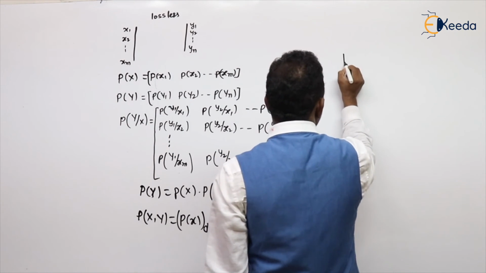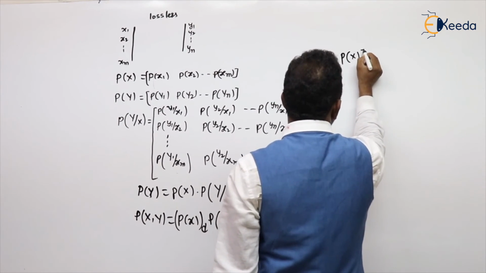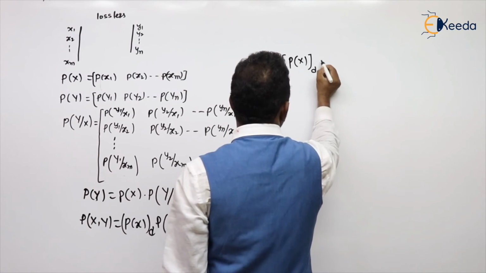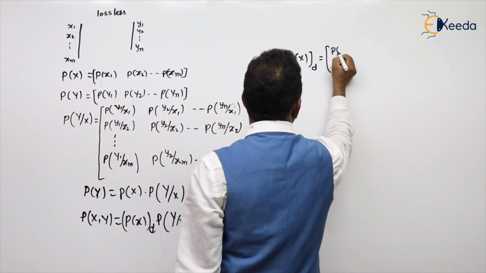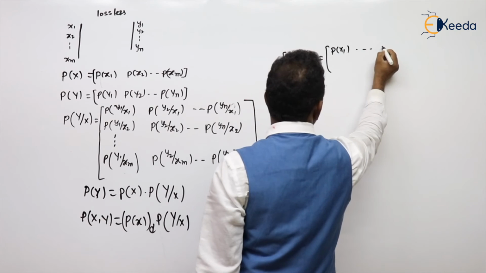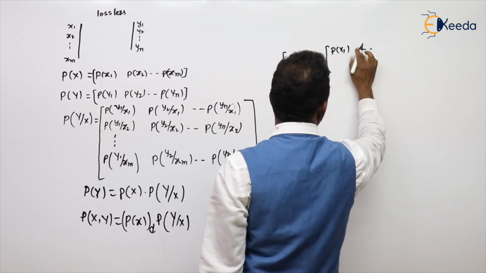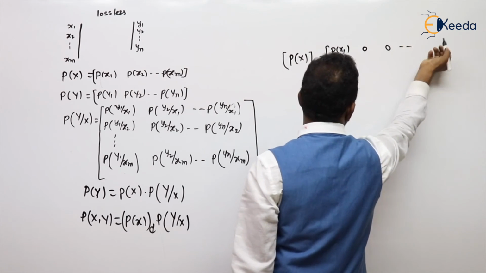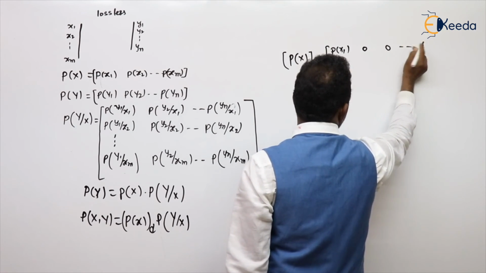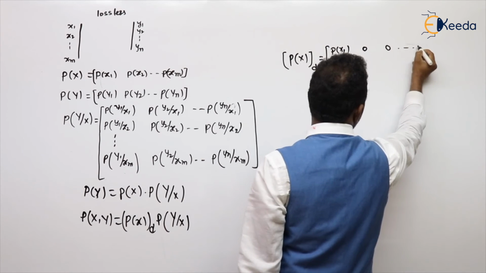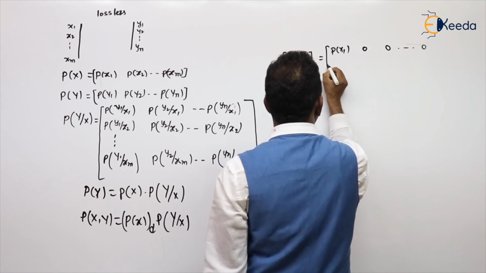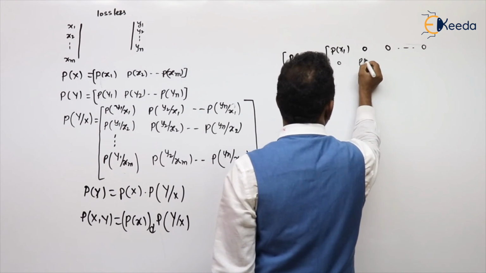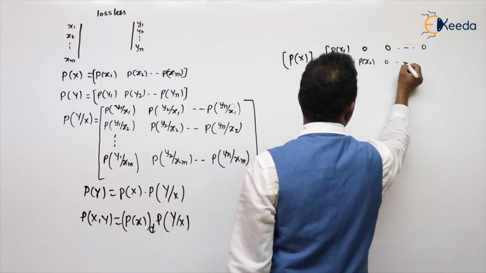What is P of x diagonal? P of x diagonal is nothing but P of x1 and so on, and let me write two more symbols, 0, 0 and so on, the last one also 0. Next, 0, P of x2, 0 and so on 0.